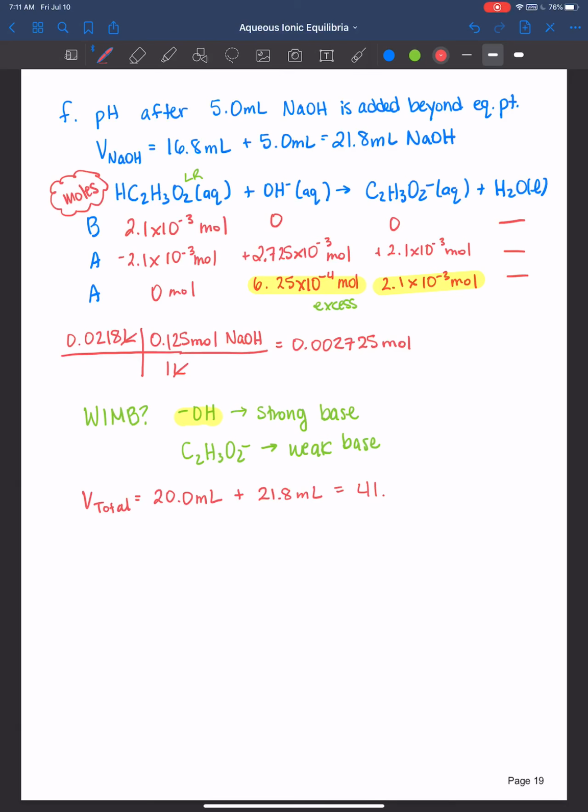So we have 41.8 milliliters of the total volume, which is equal to 0.0418 liters. And so when we look at the hydroxide concentration, we take the number of moles in excess that are unreacted after we've added it to our beaker, and we divide that by the volume.